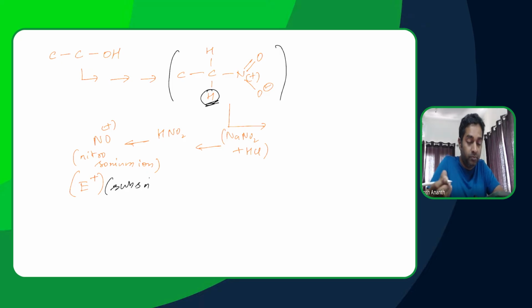Nothing else is possible to be substituted here. So we get carbon, carbon, this hydrogen will remain intact, and I will have an NO here and an NO2 here. So this compound is called nitrolic acid.